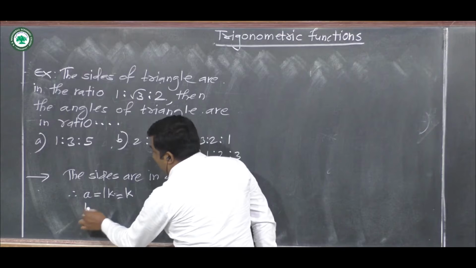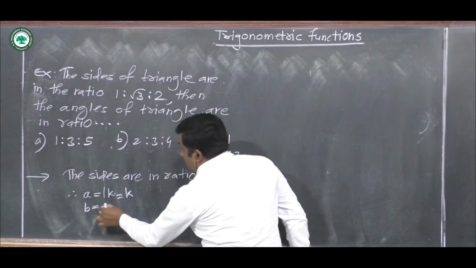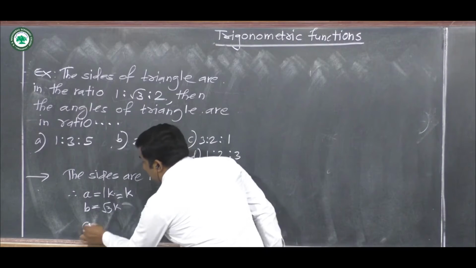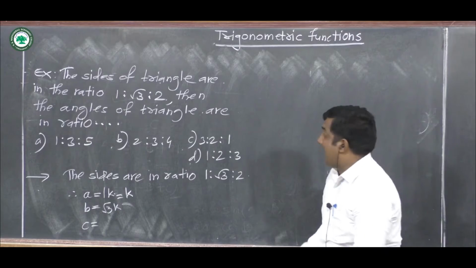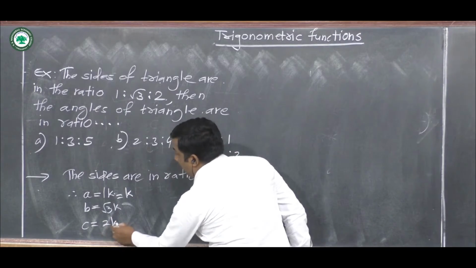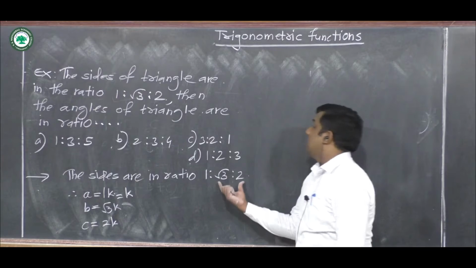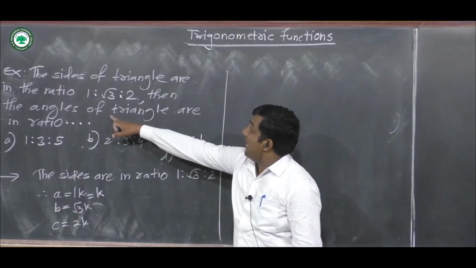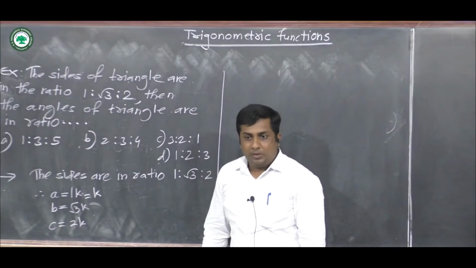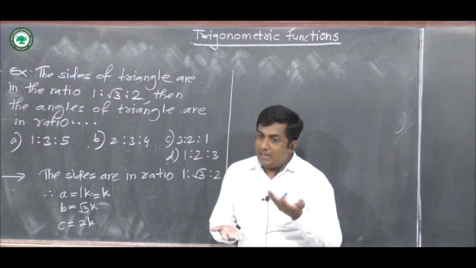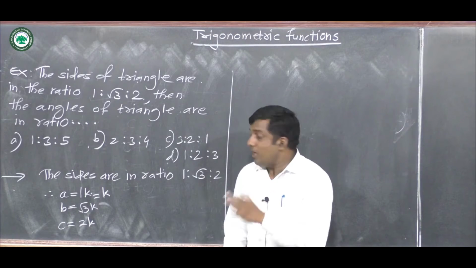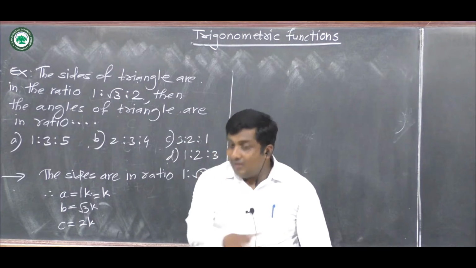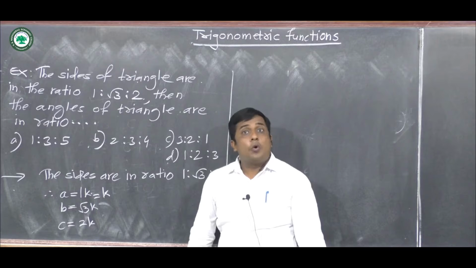Then we define our second side by using this root 3, so root 3 into k means root 3k. Okay, and in last, the third side length is 2k. We define the lengths of the sides by using this ratio. Now here we have to find angles to define the ratio: angle A, angle B and angle C. If we know the length of the sides and we have to find angles, then we use a cosine rule.